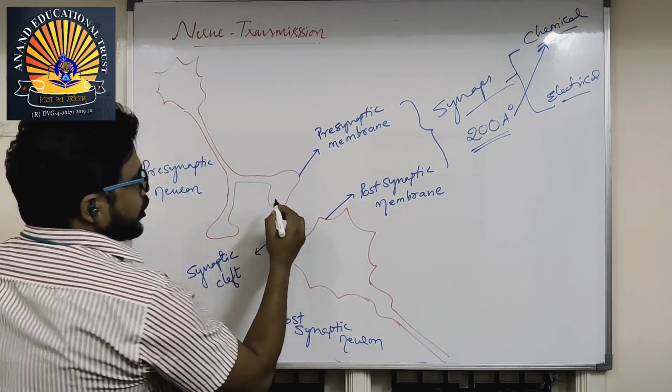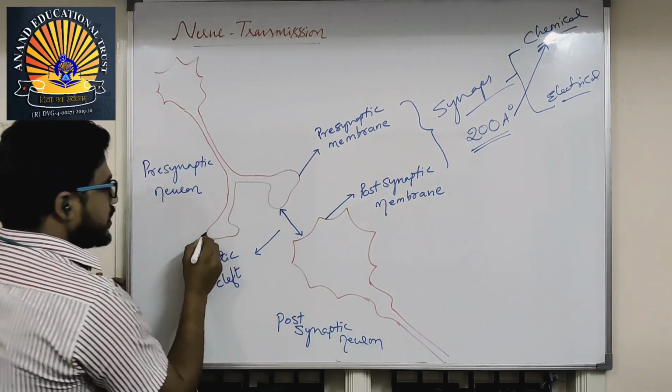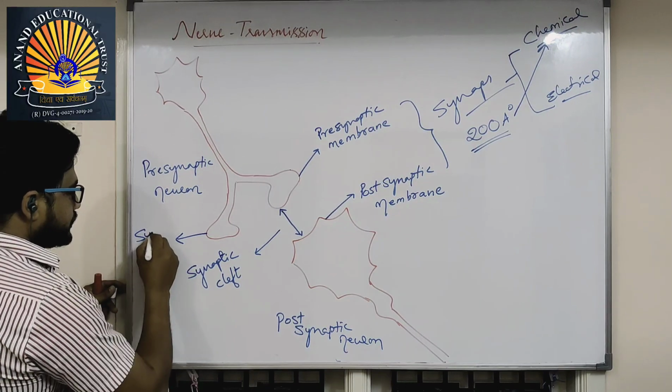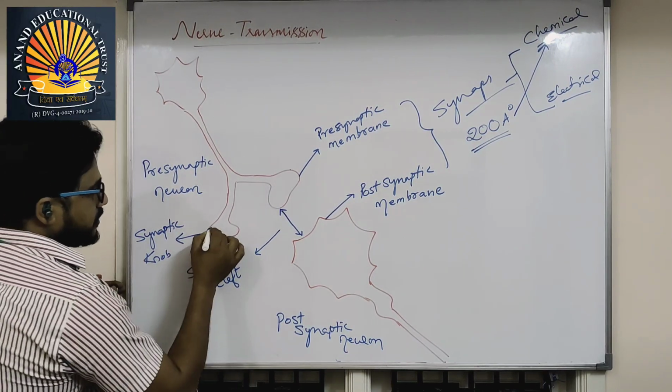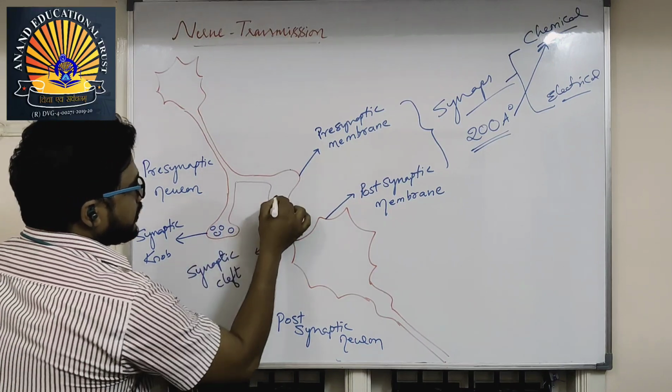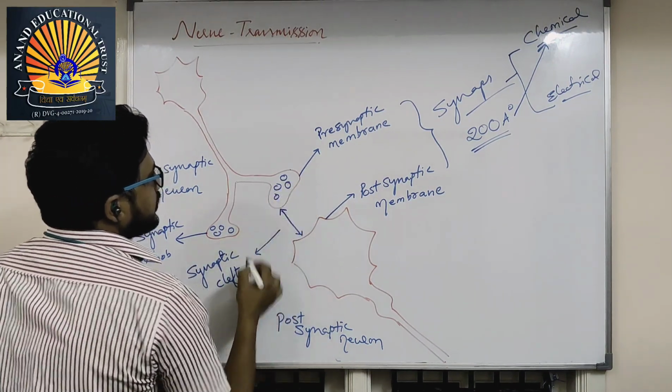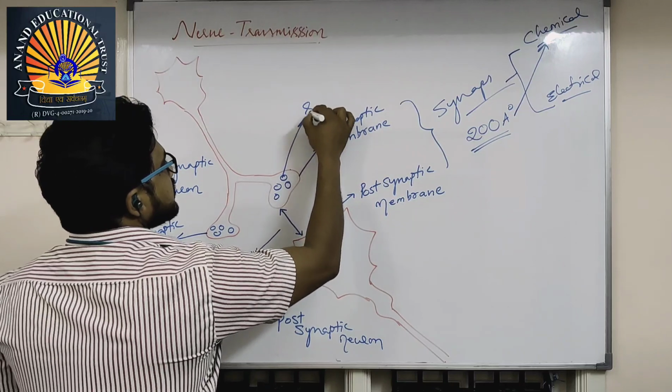This is called the synaptic knob. The synaptic knob consists of so many vesicles, called synaptic vesicles.